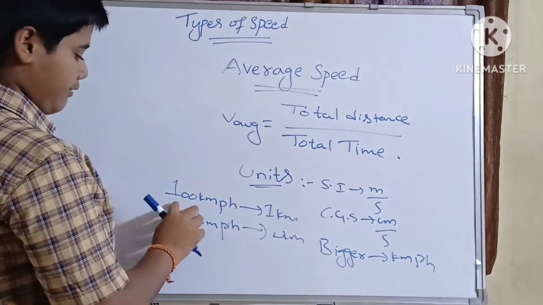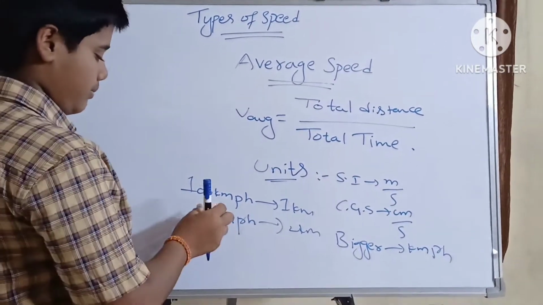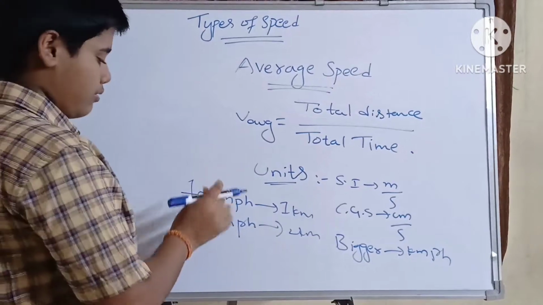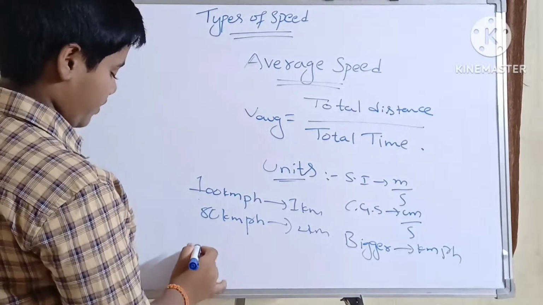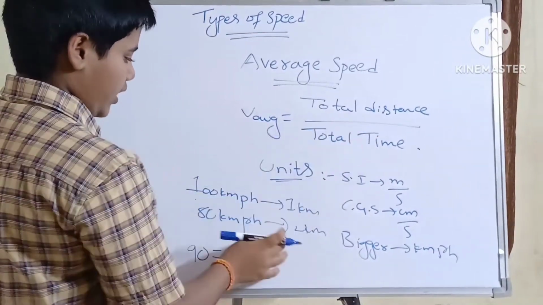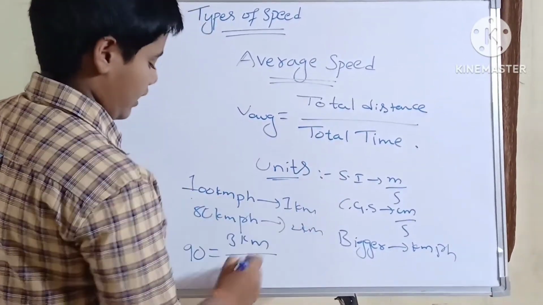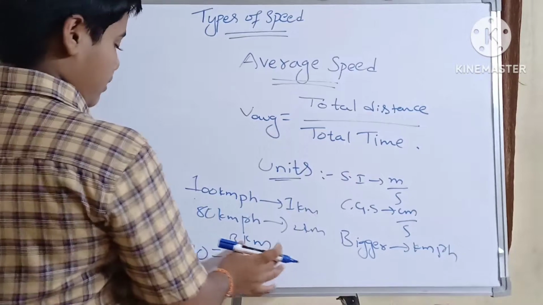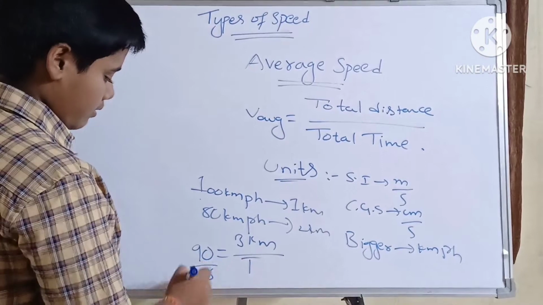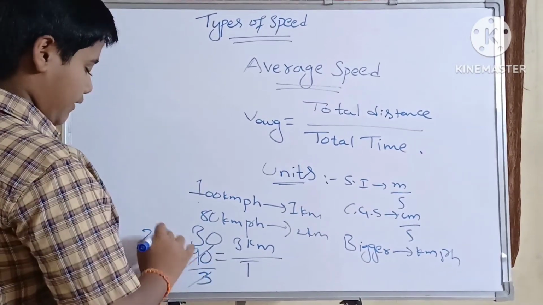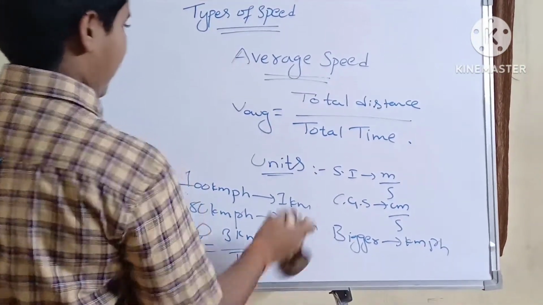They gave 2 speeds, so we have to add them and divide by 2. 100 plus 80 is 180, by 2 is 90. 90 is equal to total distance 1 plus 2, 3 kilometers, by total time. So 3 is transferred to this side, and 90 by 3 becomes 30. So 30 hours is the total time. Okay? This is the average speed.